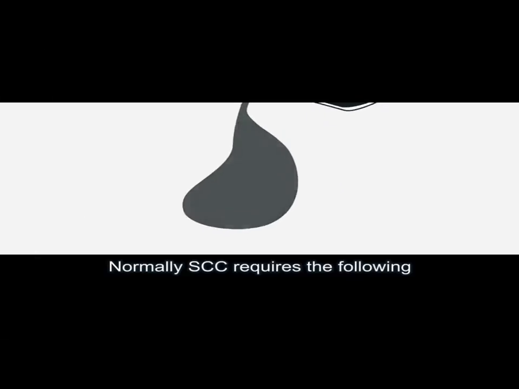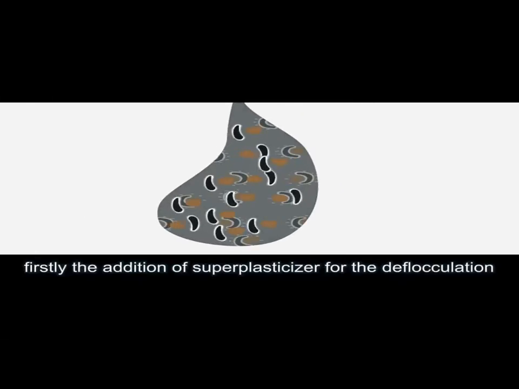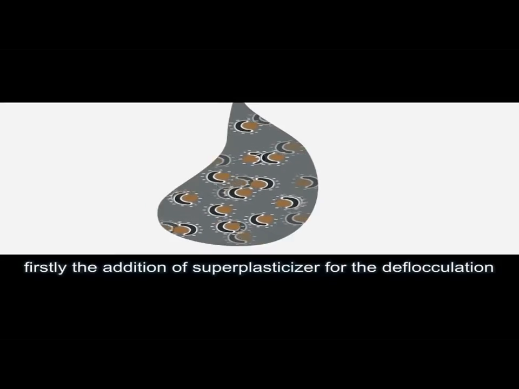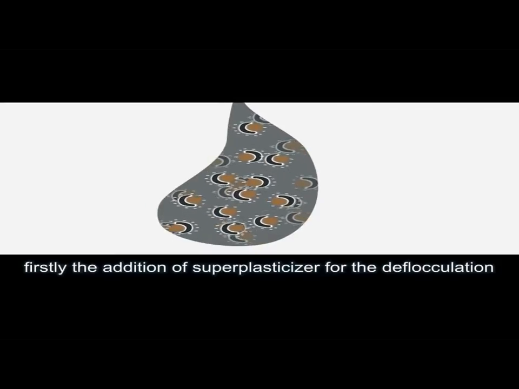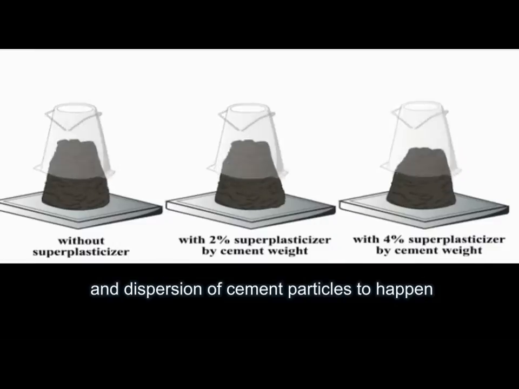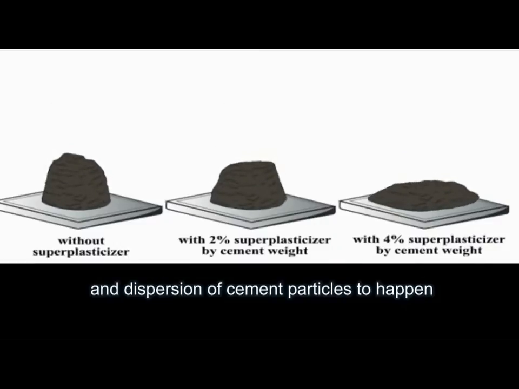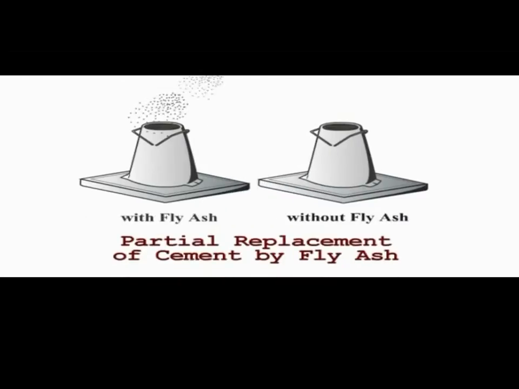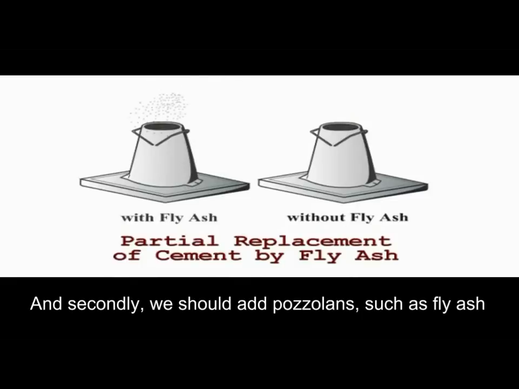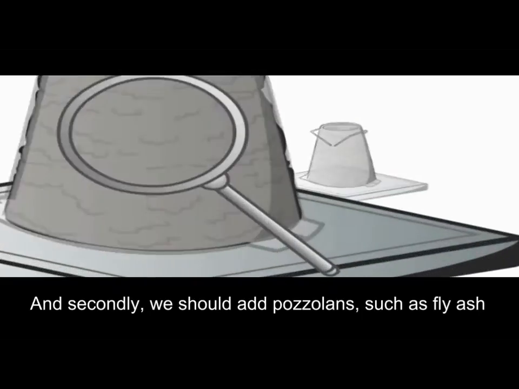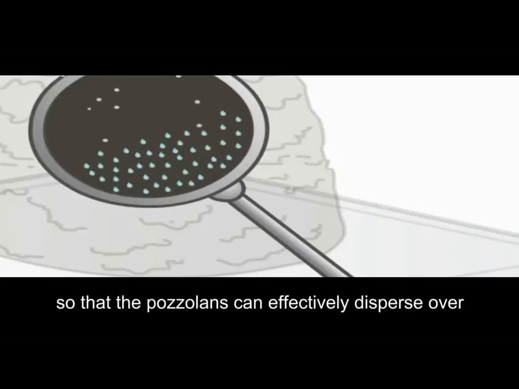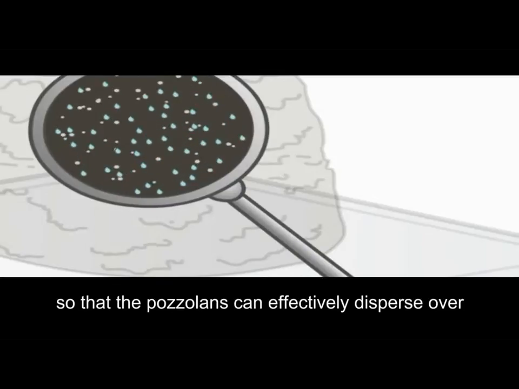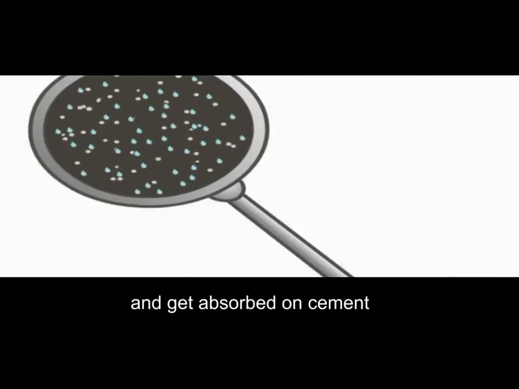Normally, SCC requires the following. Firstly, the addition of superplasticizer for the deflocculation and dispersion of cement particles to happen. And secondly, we should add pozzolans such as fly ash so that the pozzolans can effectively disperse over and get absorbed on cement.